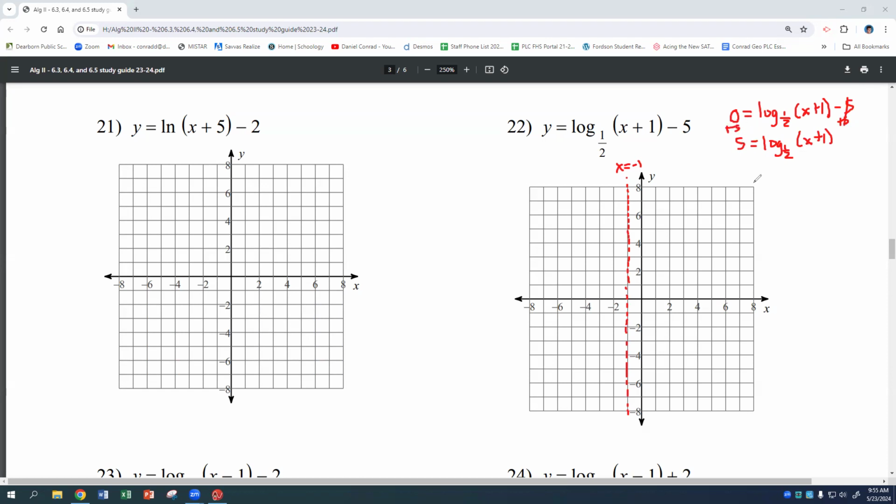Now we can change it to exponential form. So we get x plus 1 equals 1/2 to the 5th. Then we subtract 1 on both sides, so I get x equals 1/2 to the 5th power, which should really be in parentheses, and then minus 1.